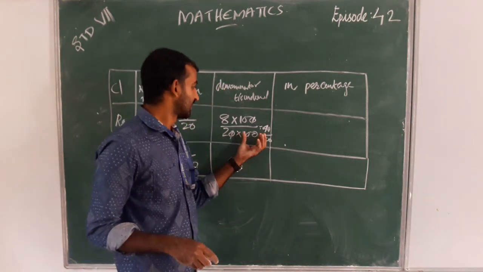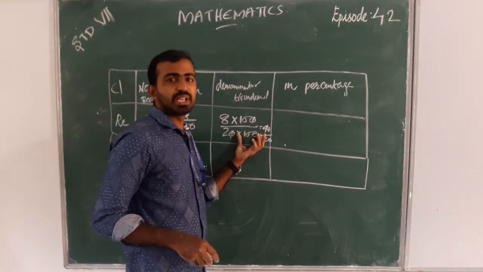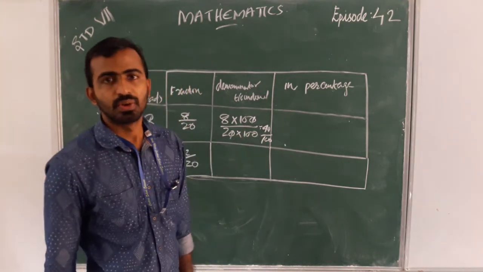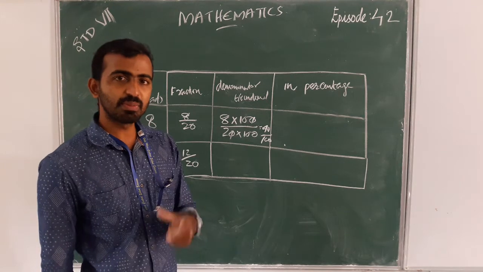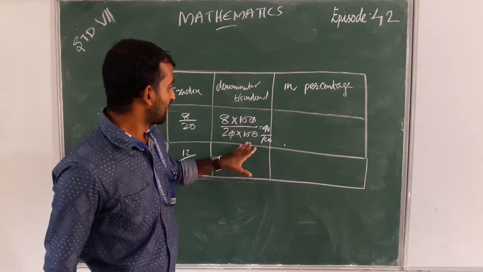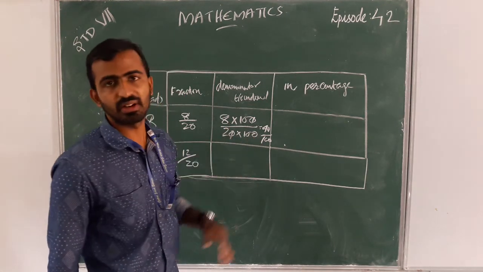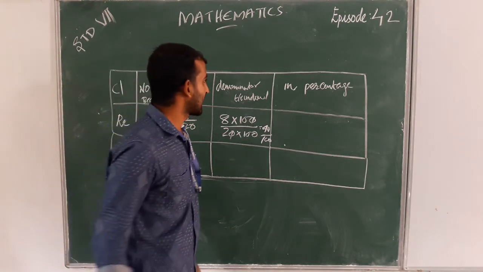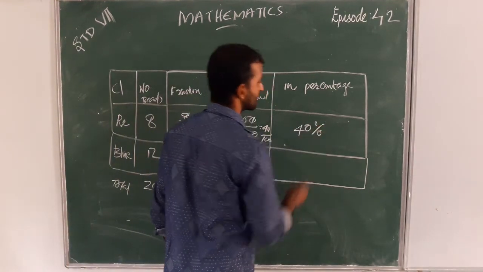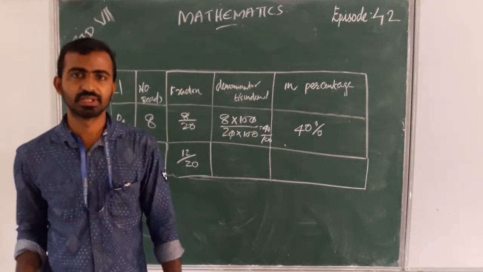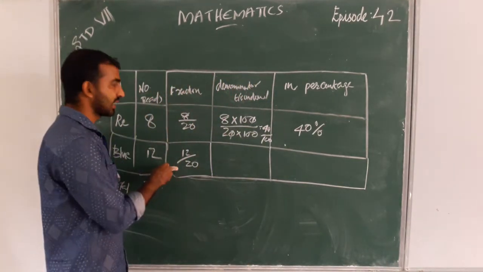We must keep the 100 in the denominator. Don't simplify the 100 in the denominator. We can simplify the 100 in the numerator, but we don't simplify the 100 in the denominator. That is, we can write 40%.